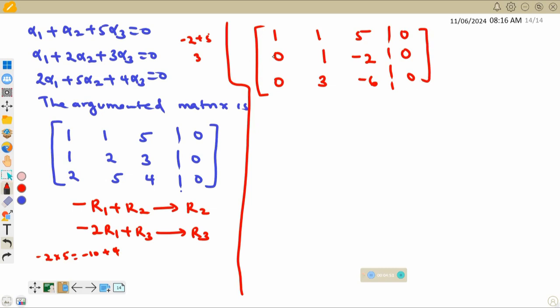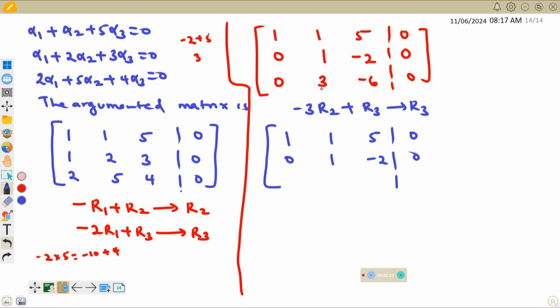So from here we can now easily eliminate this one as well. So we apply negative 3 times row 2 plus row 3 to give us row 3. When we do that, we shall be able to maintain row 1 constant, and also row 2 will be maintained constant.